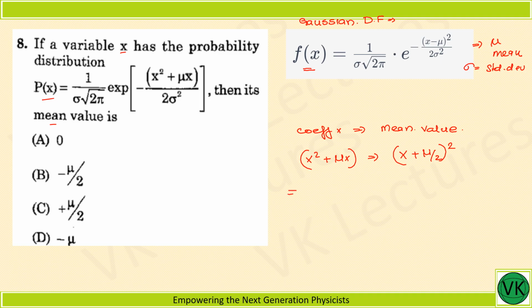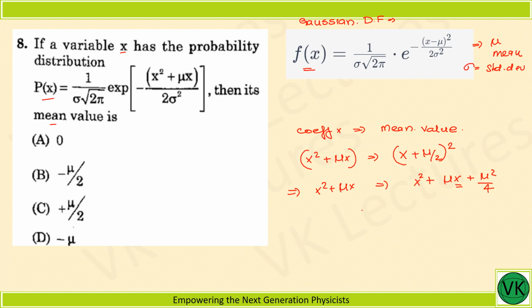So this gives us x square plus mu x, and this one gives us x square plus mu x plus mu square by 4. So we need the coefficient of x, right? So here we have written x plus mu by 2.